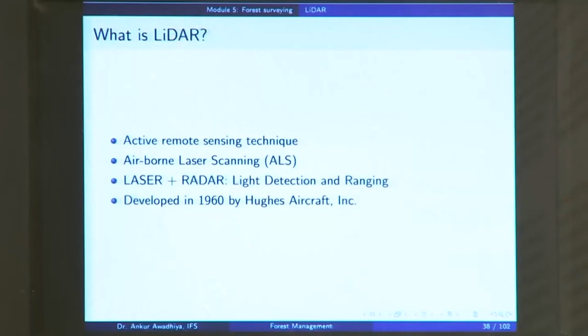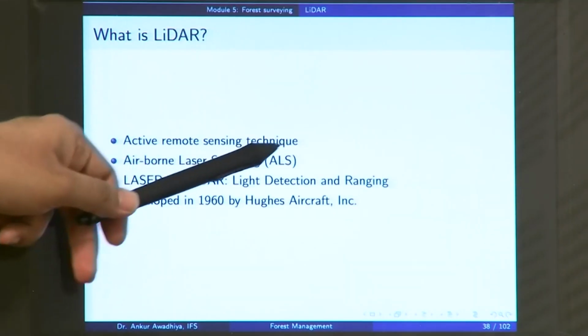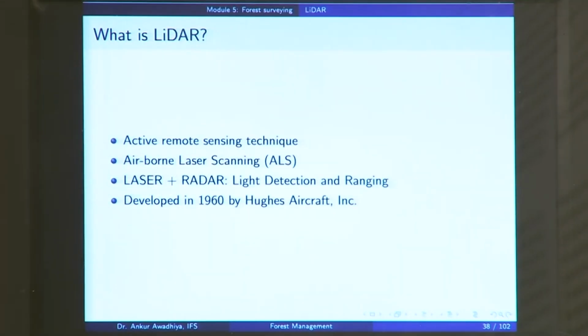Now, in the case of LiDAR, it is an active remote sensing technique, which means that it requires energy that needs to be given to the instrument to make it work. So, you need to illuminate your surface using energy, because of which this is an active remote sensing technique. It is also known as ALS or airborne laser scanning.